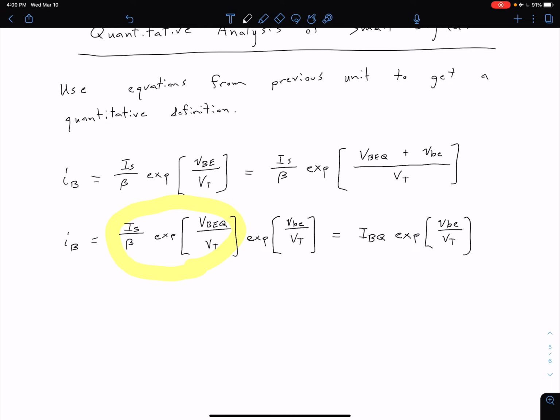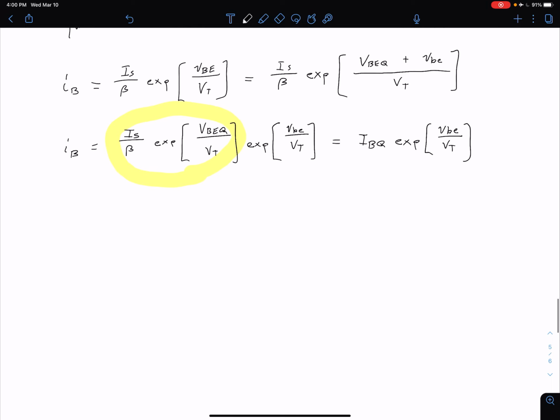But remember, we already knew this from the previous video. We know that we have an exponential relationship between our base current and our base emitter voltage. But ultimately, we want this to be linear. We want a linear relationship between our base current, specifically our AC base current, and our VBE.